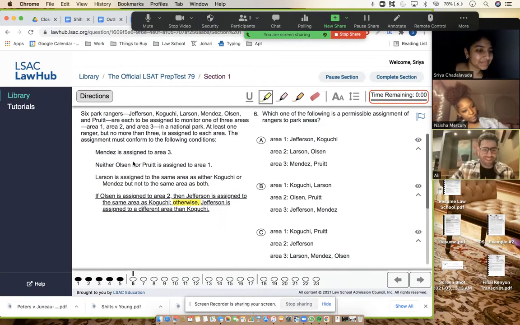Reminds me of my symbolic logic class. Yeah, exactly. So on the LSAT, when they don't say or both, what do they mean? Do they mean the inclusive or the exclusive or? Is it the exclusive or? No? I think it's the inclusive one.